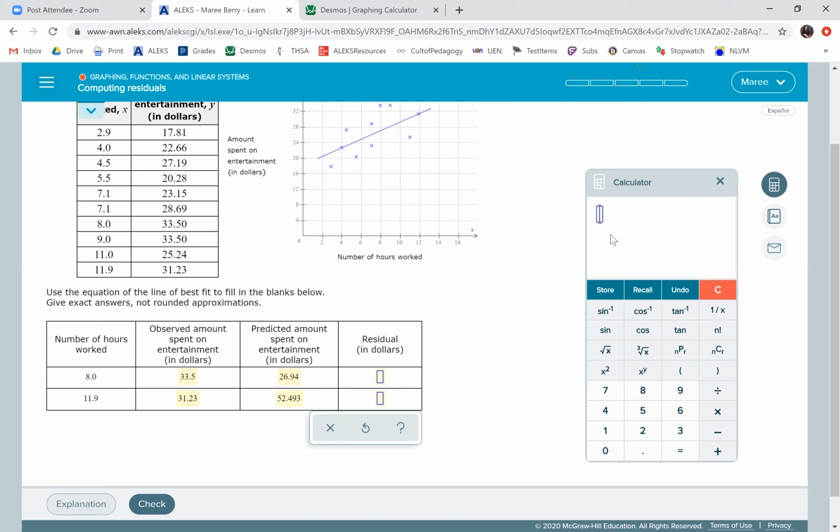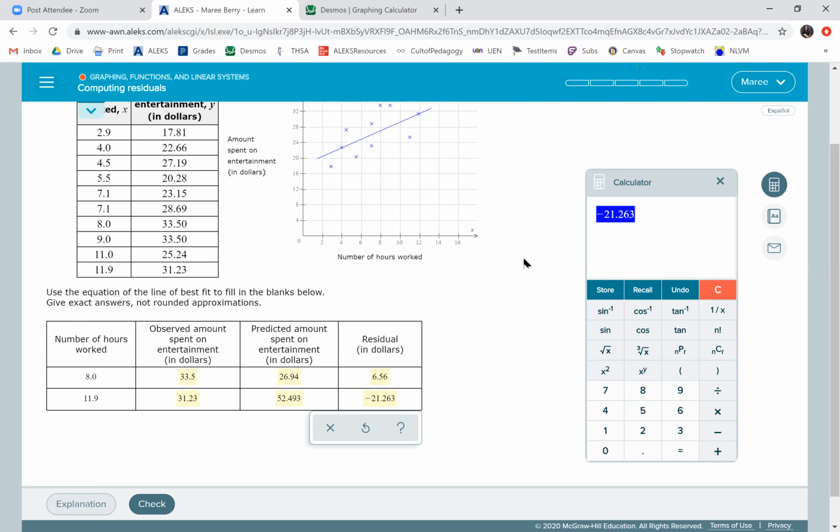The residuals then are 33.5 minus 26.94, 6.56. And the last one is 31.23 minus 52.493, negative 21.263.